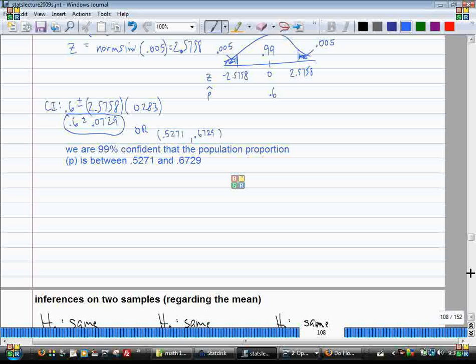So this approach is going to be slightly different because we really have two different populations. A lot of the basics will be the same, but some of the specifics will be different. So let me go through some of the basic ideas. First of all, let's talk about this in the context of making a hypothesis test.